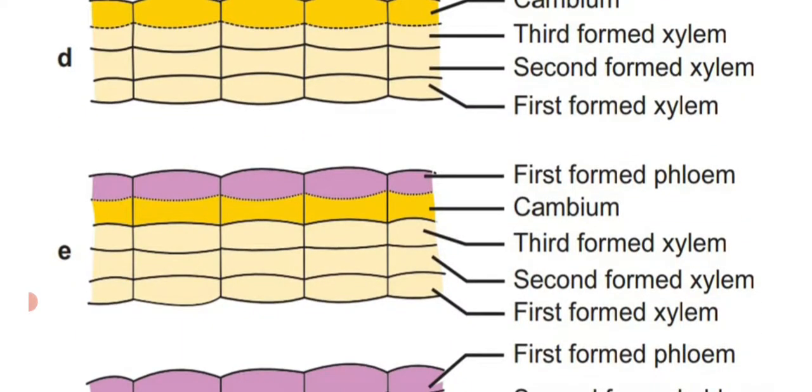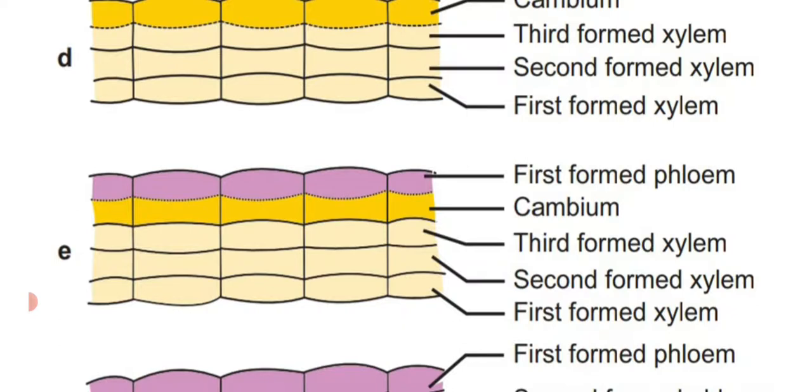Now, how is phloem formed from the cambium? See the first one, cambium. They have already formed three layers of xylem, first, second and third.